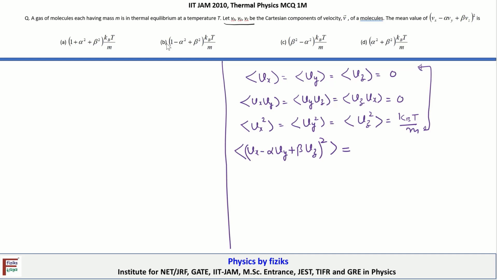Okay, so this is equal to, let's open the square.